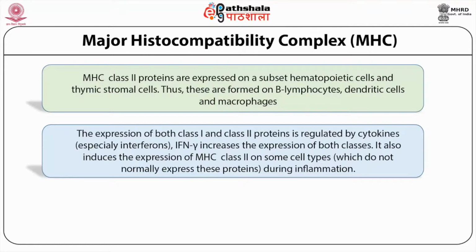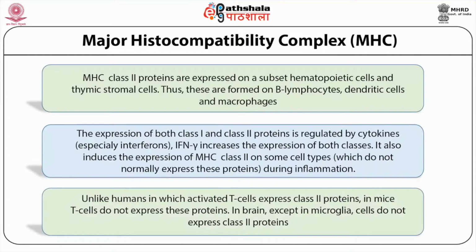It also induces the expression of MHC class II on some cell types during inflammation. Unlike humans, in which activated T cells express class II proteins, in mice T cells do not express these proteins. In the brain, except in microglia, cells do not express class II proteins.